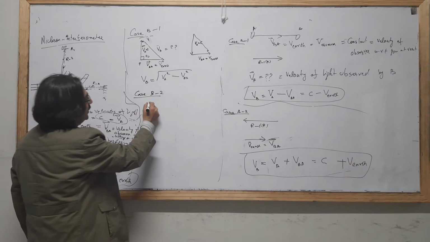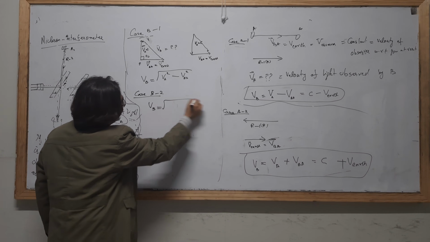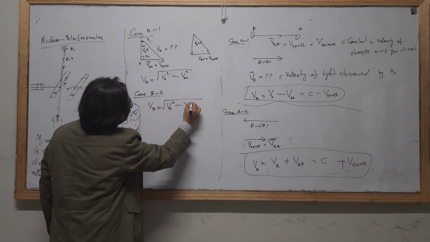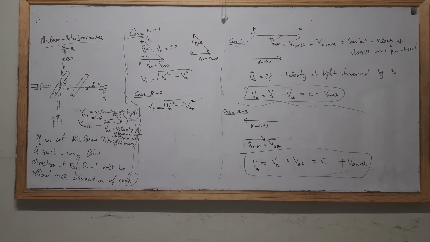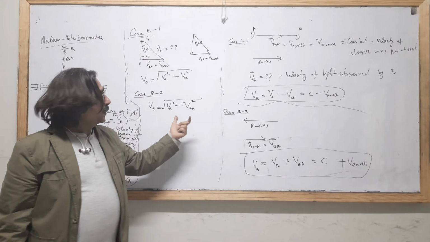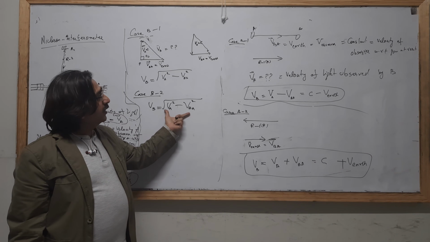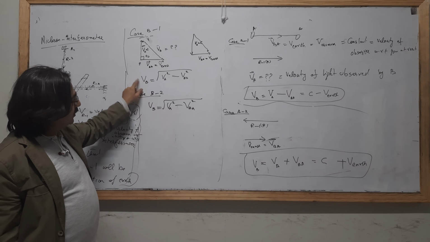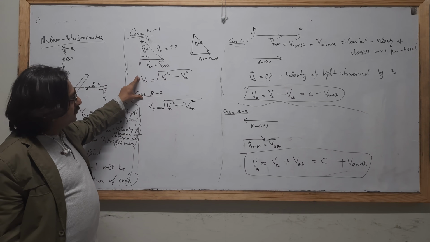So that will also be VB, the square root of VA square minus BA square. We are finding only the magnitude, not the direction. This will be case B.